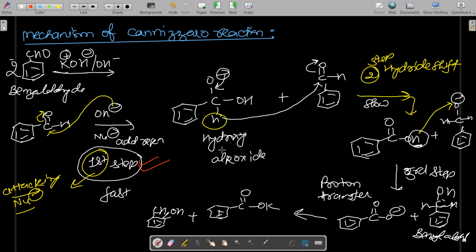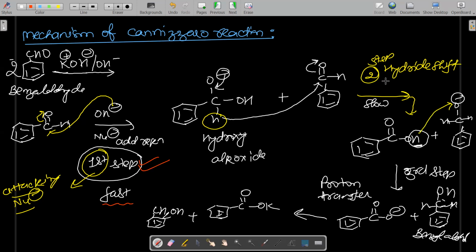So this is called hydroxy alkoxide. This first step is a fast step. In the second step, this negatively charged O minus shifts, and this hydrogen shifts to the carbon of the second molecule, and the pi bond transfers to oxygen. So this is called the hydride shift reaction.